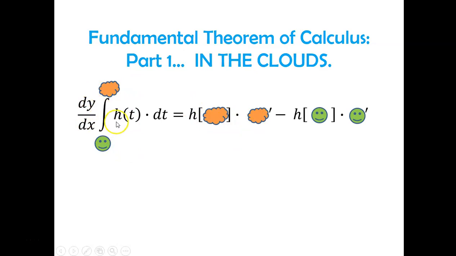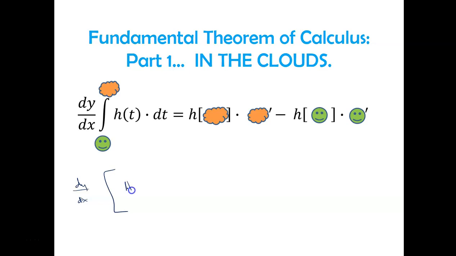So once again, here I have h of t, and I'm integrating it from smiley face to cloud, and then I'm taking the derivative of it. If you want to think of it like this, I'll worry about the derivative in a minute. I'm going to take the integral of lowercase h of t from smiley face to cloud.